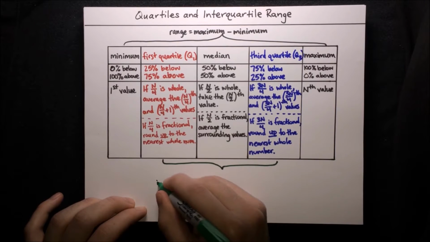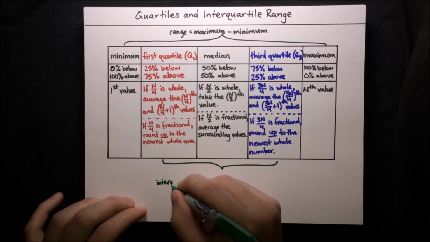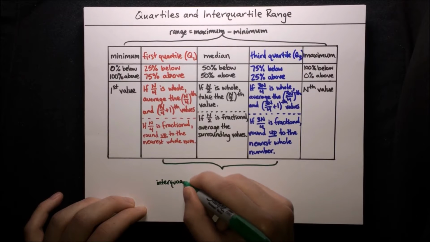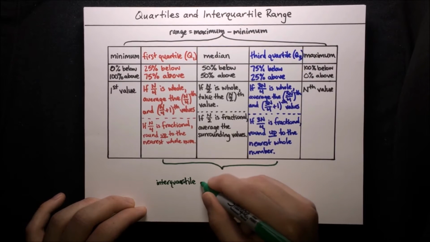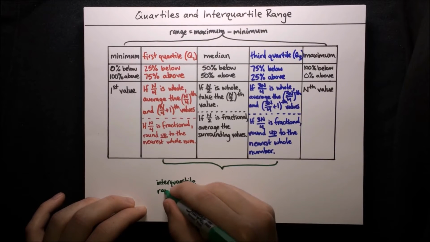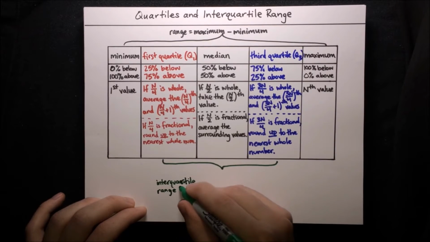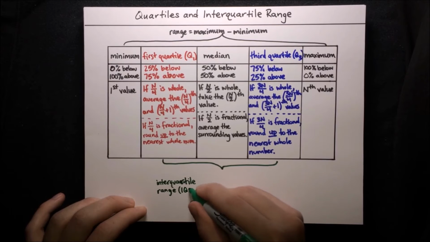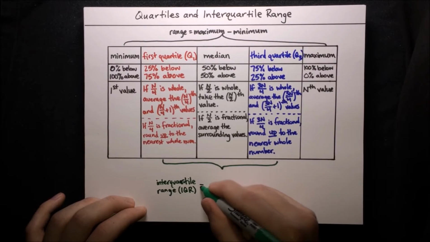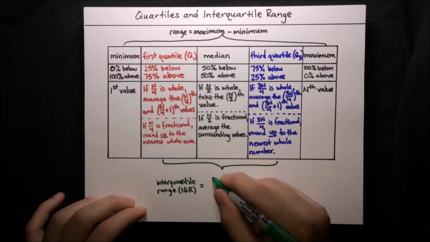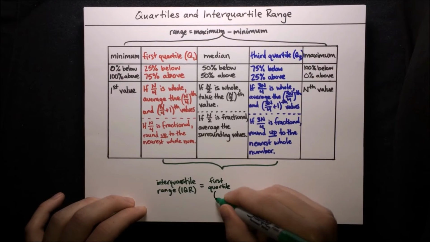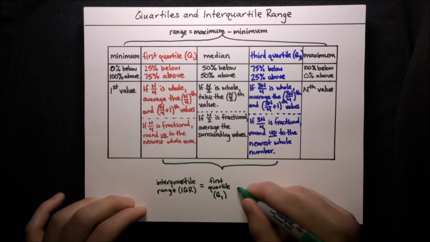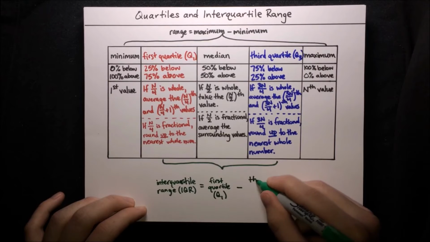So interquartile range, also known as IQR, is equal to the third quartile, also known as Q3, minus the first quartile, also known as Q1.